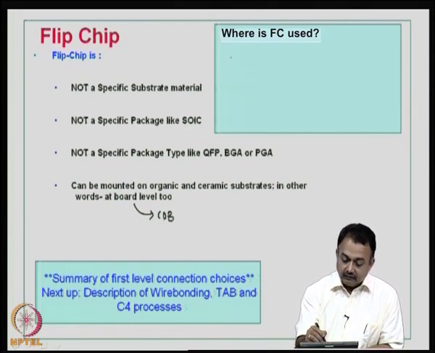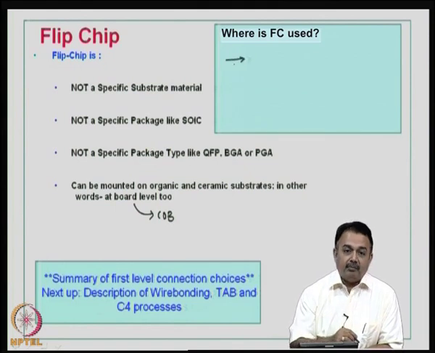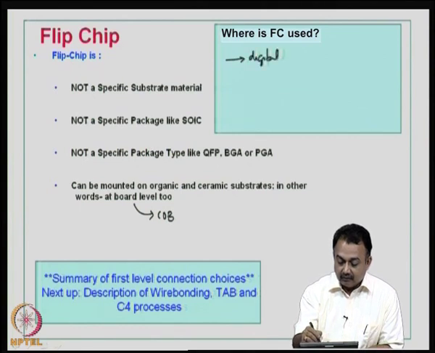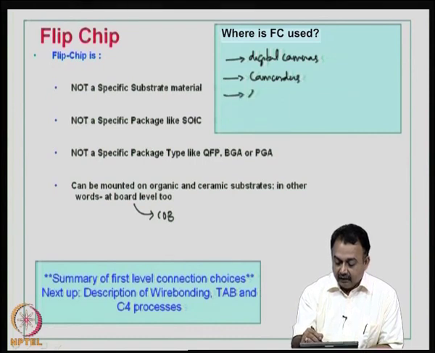So, where can we use flip chip? What are the application areas for flip chip? Flip chip can be used on boards where it is used in, let us say, digital cameras, or camcorders. It can be used in laptop motherboards.